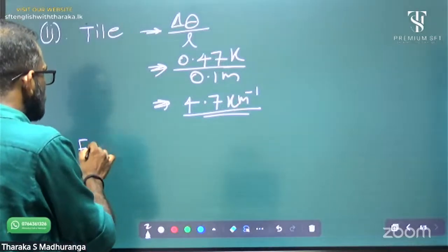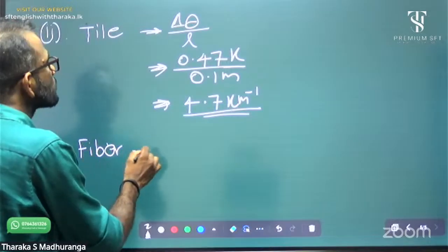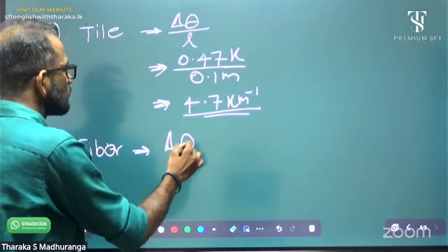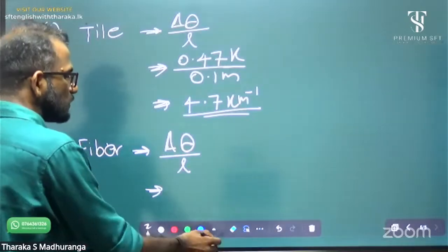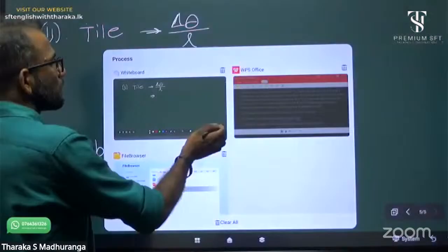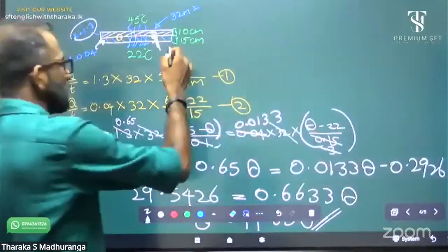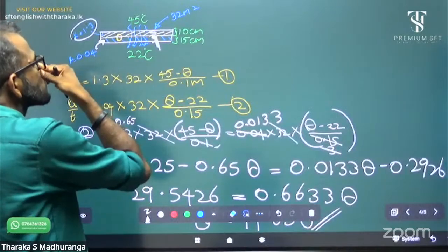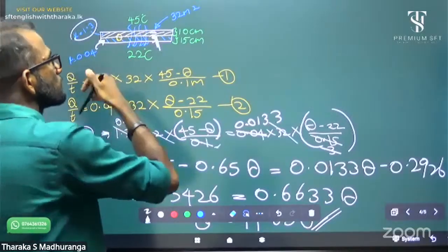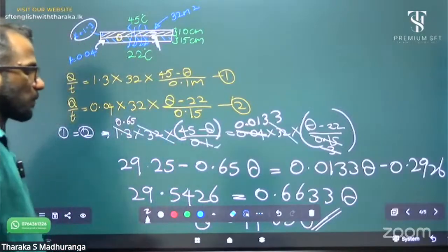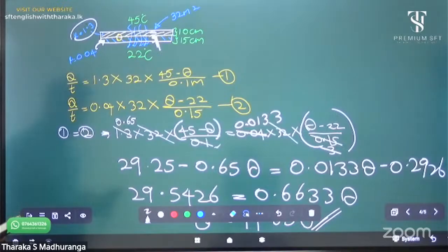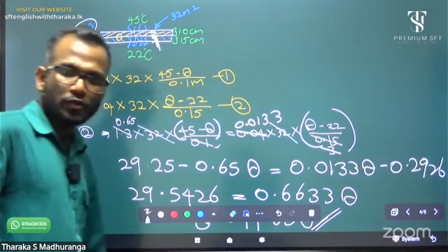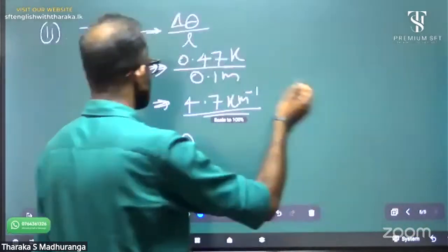Okay, then the fiberglass layer, temperature gradient delta theta over L. Temperature difference, it is 44.53 minus 22. What's the difference? It is 22.53.